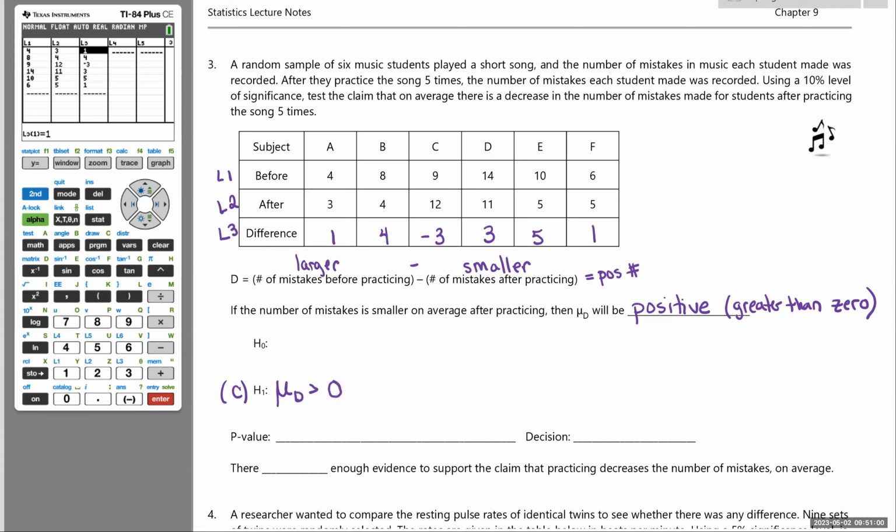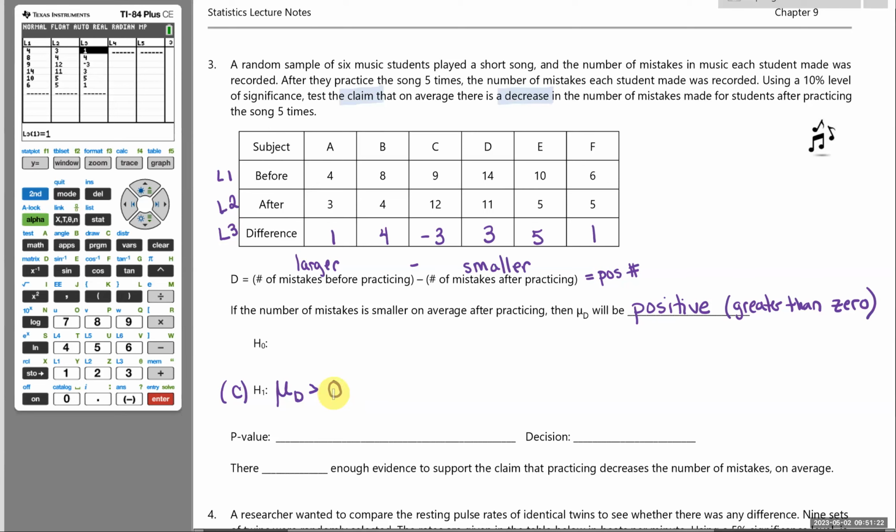All right, so we always have to be careful with matched pairs because the claim is there is a decrease in mistakes. So there's a temptation to put less than here because it says decrease. But with matched pairs, you have to go through this thought process to figure out if that difference, we're expecting it to be a positive number or a negative number.